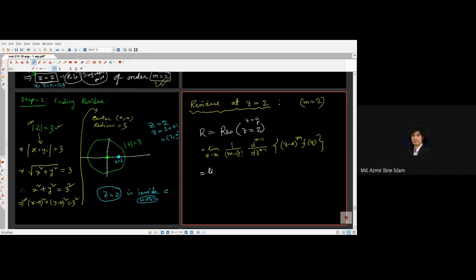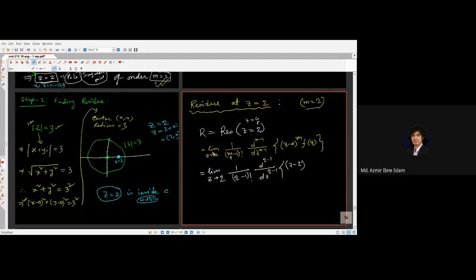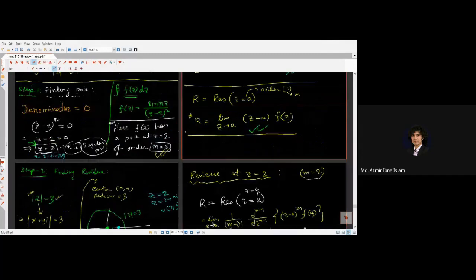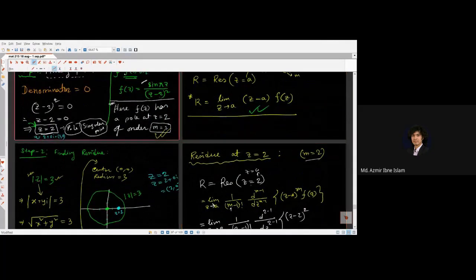Here limit z tends to 2, 1 over 2 negative 1 factorial, d power 2 negative 1 over dz power 2 negative 1, of z negative 2 power 2 times f of z, where f of z is our main function, sine pi z over z negative 2 squared.